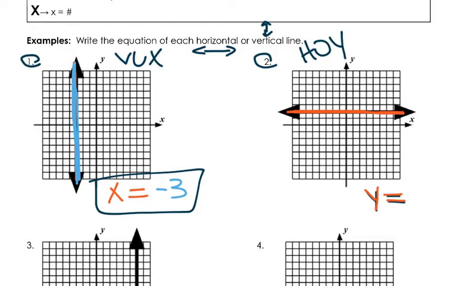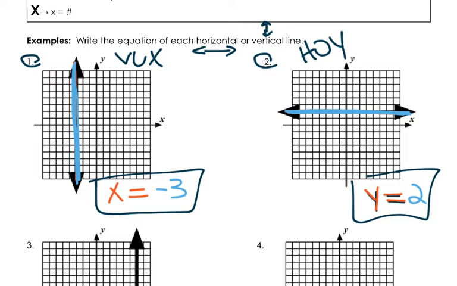And we're just looking at the y value. So here the y value is 2. Right? Right over here, the graph is going through when y is equal to 2. And that's kind of saying that no matter what the x value is, the y value is always going to be 2. So that is the equation of the line.